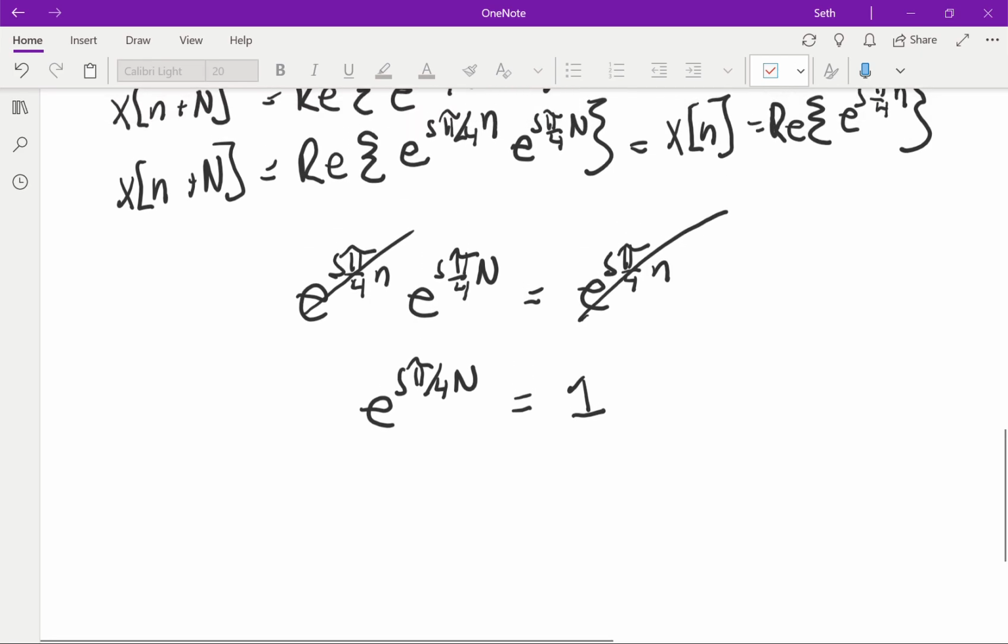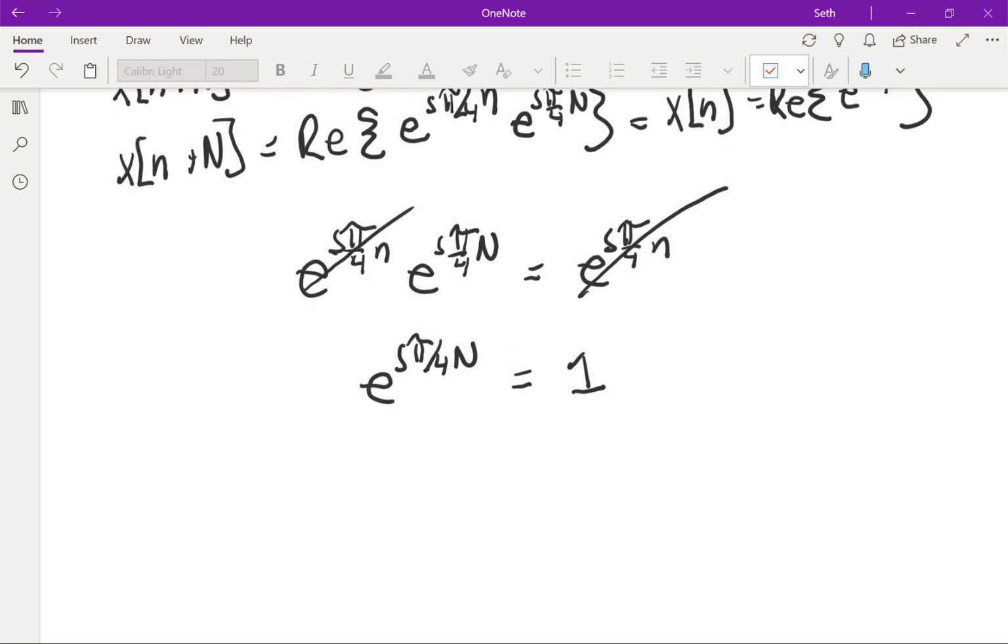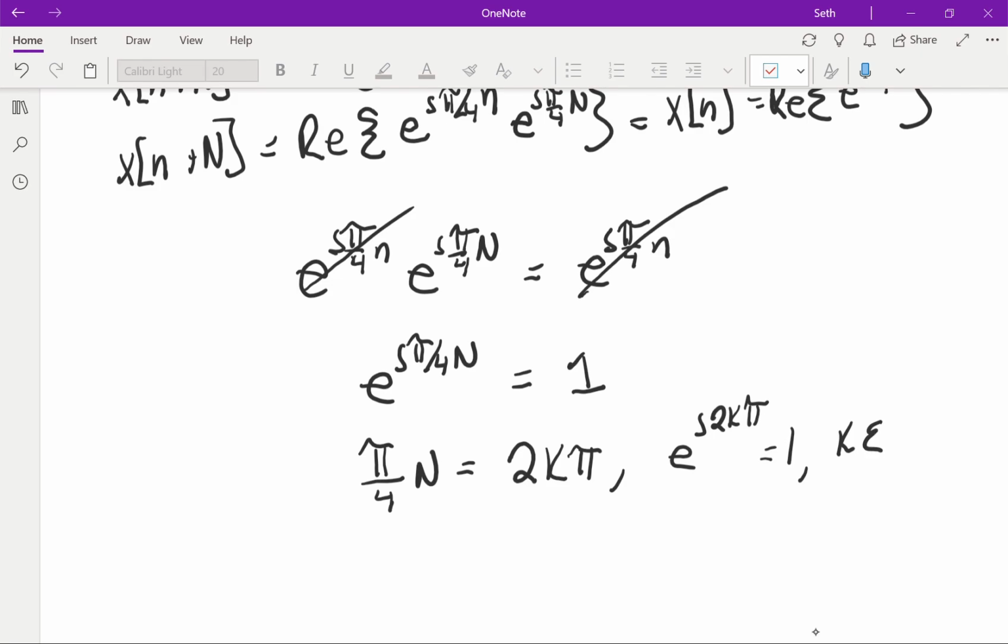Okay, so the only time this is going to be true is if pi over 4 big N is equal to some multiple of 2k pi again. And that's because e to the j 2k pi is equal to 1, where k is some integer.